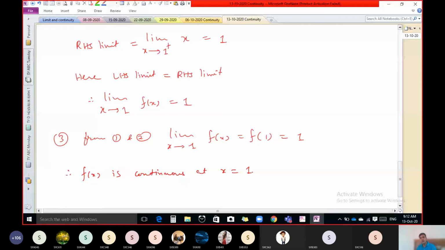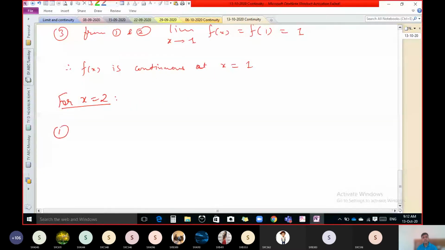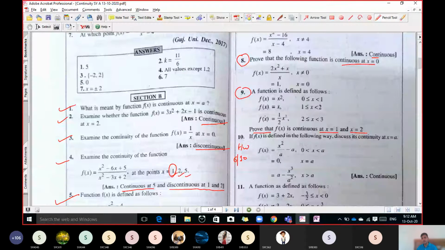Now the same thing we have to do for x equal to 2. So the first condition, f of 2. See the question, f of 2. Which function we have to use? First one, second one, or third one when x is 2?